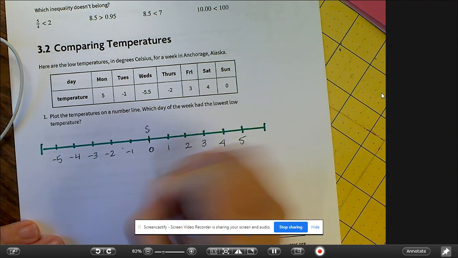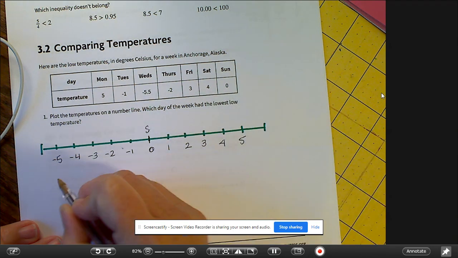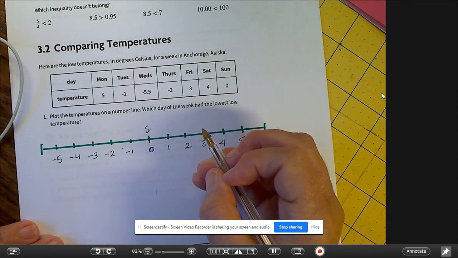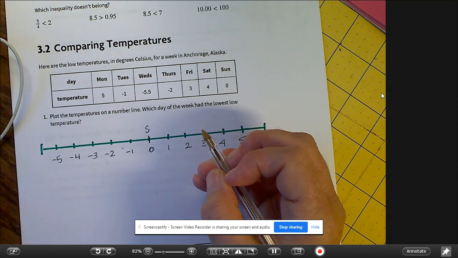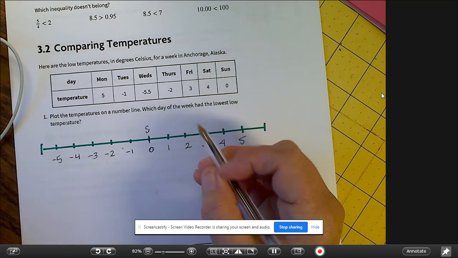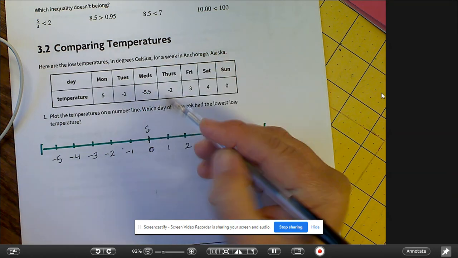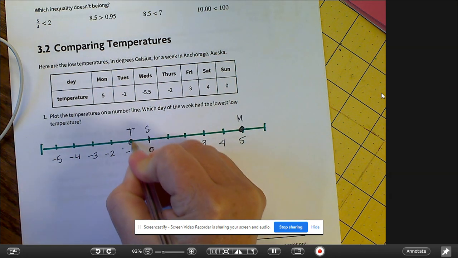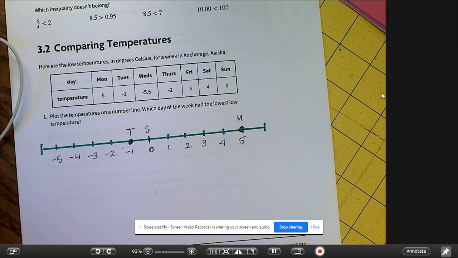So to the right is always positive, to the left is always negative. You could also do this on the vertical number line when you're talking about temperatures, they go up and down. But you can see it this way too. All right, so on Monday, we're going to plot Monday was 5, and Tuesday is -1. You have to put a dot there, that's what they're talking about.